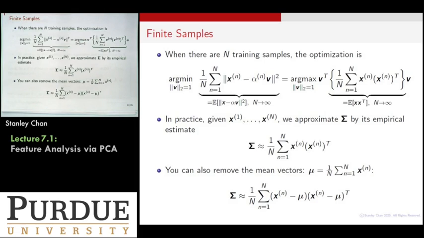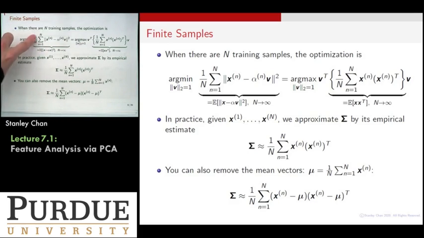The situation would be that you have 10,000 data points, and then here is one direction. I want you to project all these data points onto that direction. I ask what would be that direction, that common direction that can capture all these n data points. This is the meaning of this optimization problem.